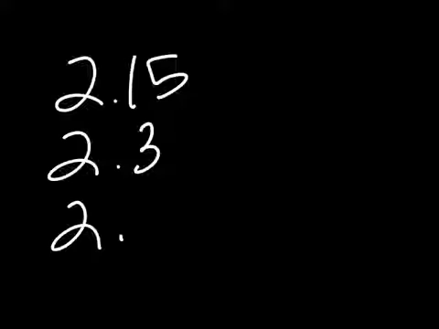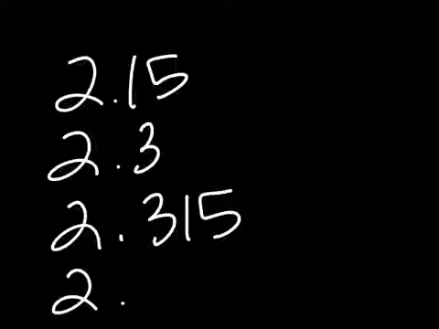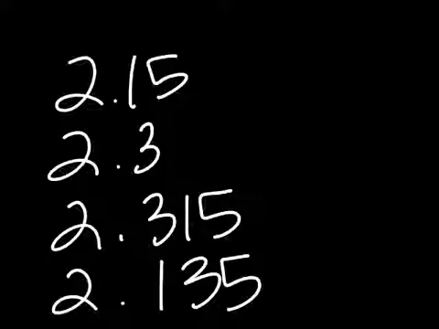So let's say you have 2.15, 2. Okay. So again, you're going to count how many decimal places you have in your largest number to the right.